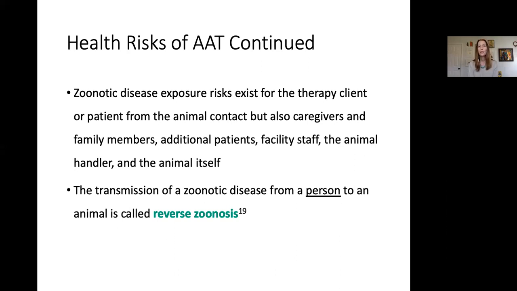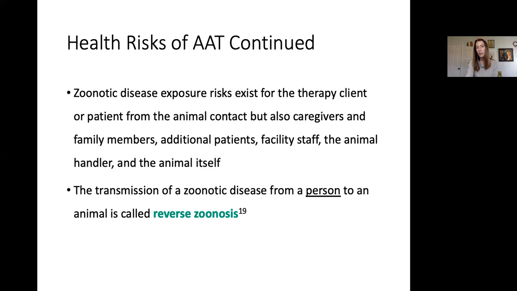So zoonotic disease transmission typically is what we're thinking about from an animal to a human, but we can also infect our animals in a process called reverse zoonoses. So this is when we're having these same pathogens that are actually originating in a person, and then we are responsible for the infection of animals.